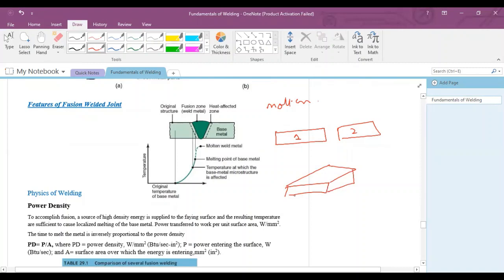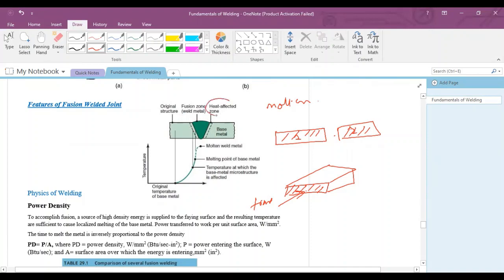If we look from this surface and from the front surface, and you weld these two plates together, three zones will form.